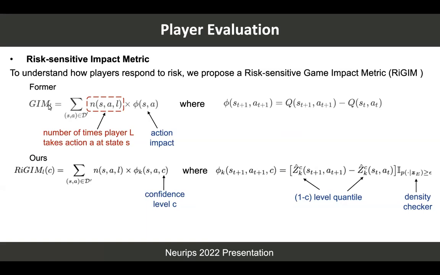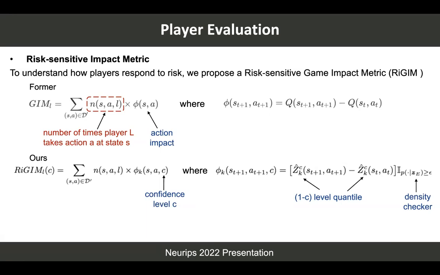They do a summation over state and action: how many times the player L takes action A in state S in our data set, and they use this count as the weight, times the action impact. This action impact could be the difference between two consecutive Q values if their model is learned by reinforcement learning.